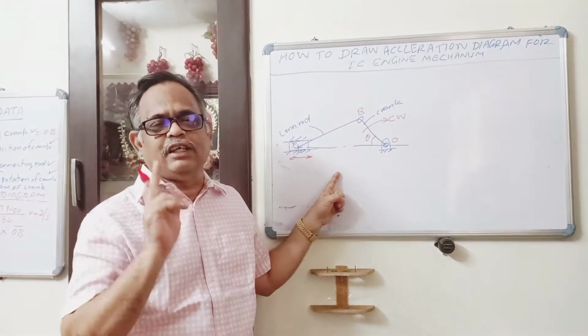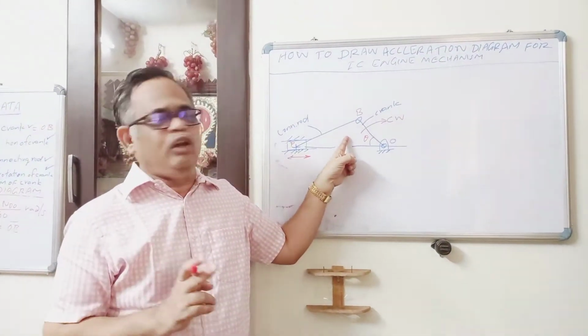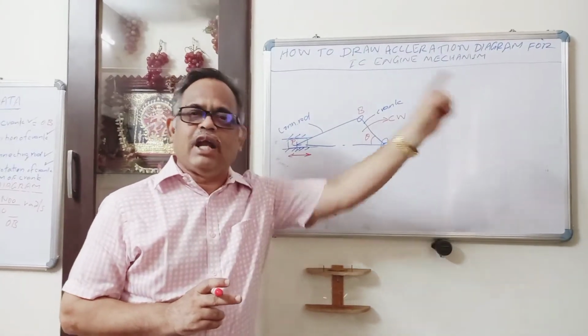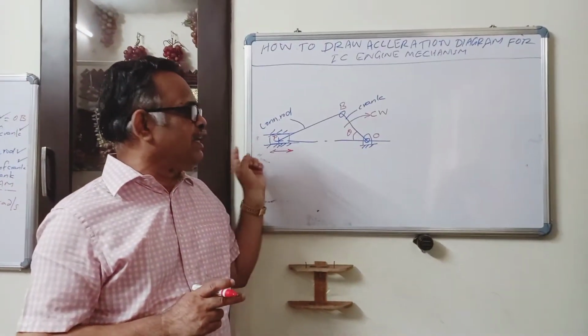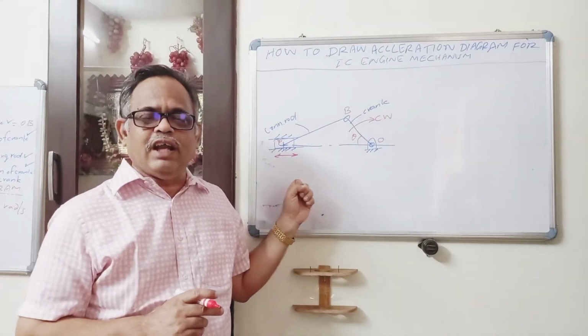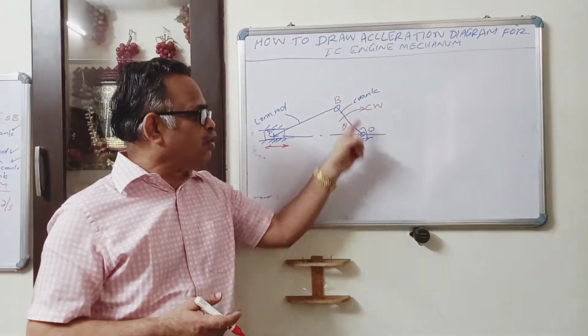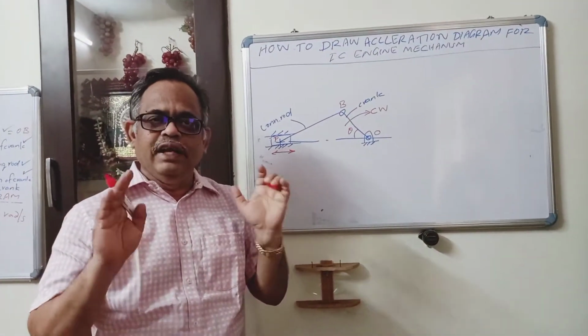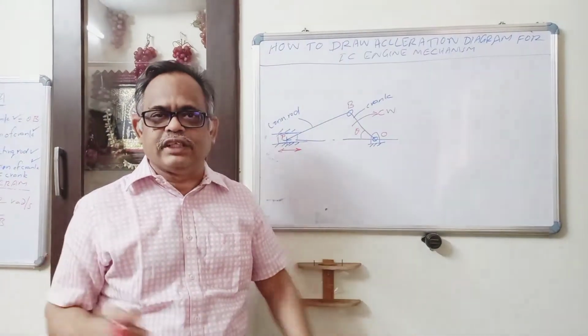Only after drawing the configuration diagram to scale can we draw the velocity and acceleration diagrams. I have given just a sketch here, but in the actual case we have to draw this configuration diagram neatly, with all dimensions to scale.